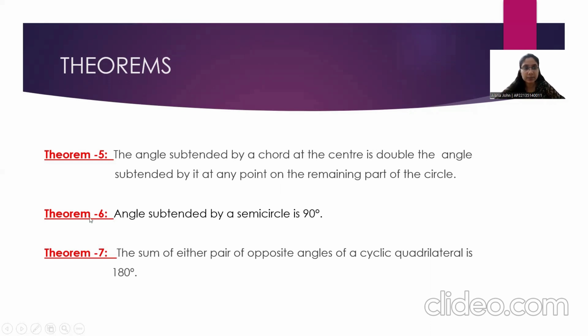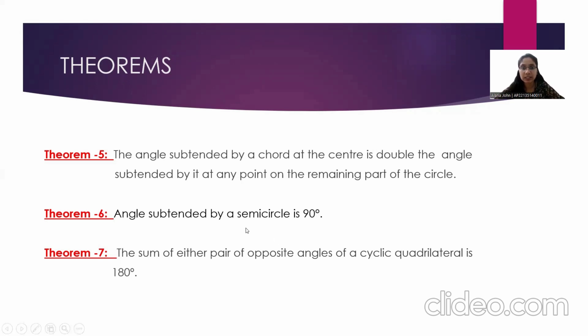And theorem 6 is a direct consequence of theorem 5. It says that the angle subtended by a semicircle is 90 degrees. Angle subtended by a semicircle means if you are given the diameter of the circle, then the angle subtended by it at the center will be 180 degrees. So the angle subtended at any other part of the circle will be exactly half of 180 degrees, which is 90 degrees.